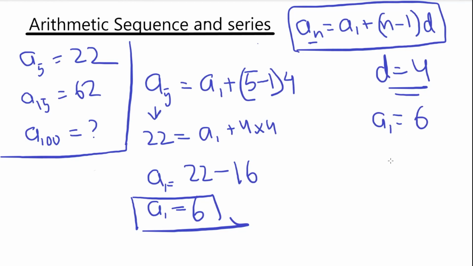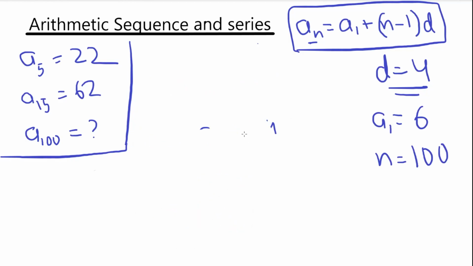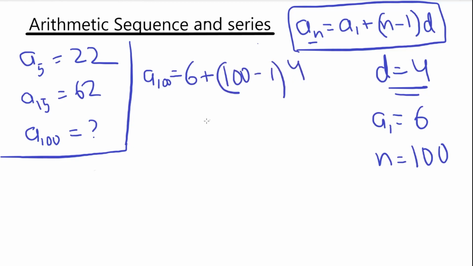Now to find the nth term, which is 100, simply input all the values into the formula. So a100 is equal to 6 plus 100 minus 1 multiplied by 4. This gives 6 plus 99 multiplied by 4.